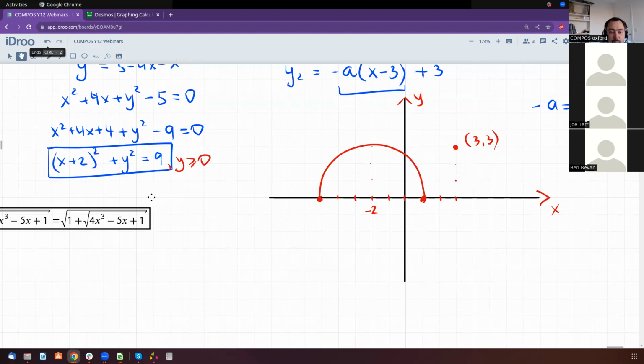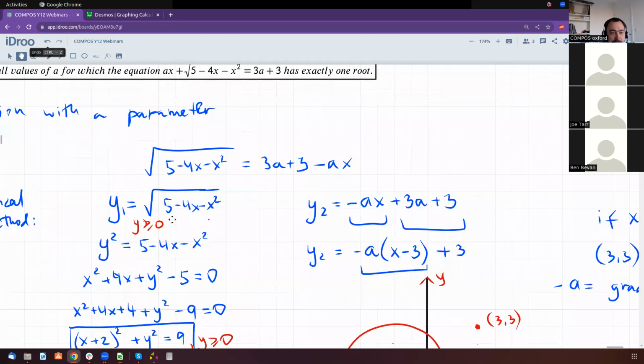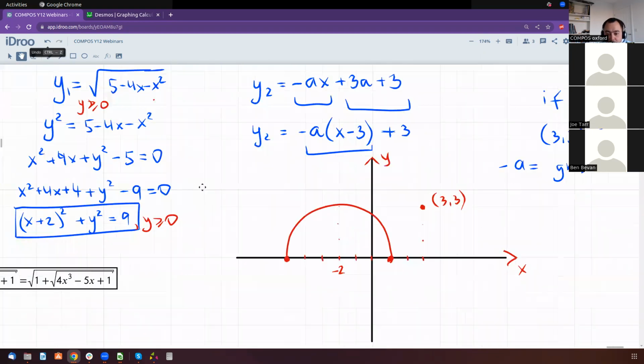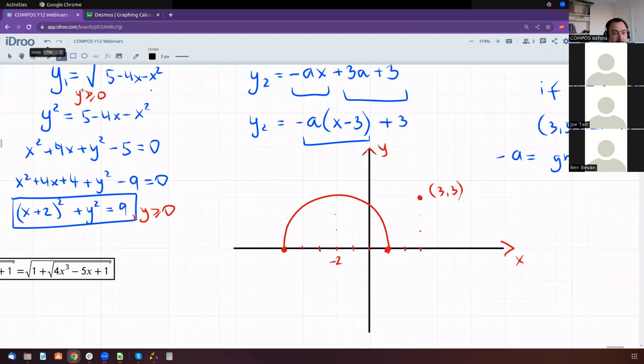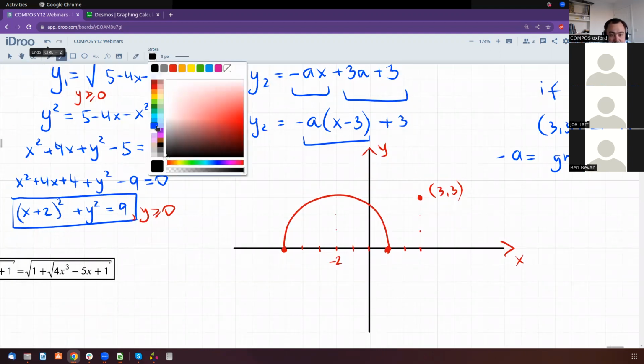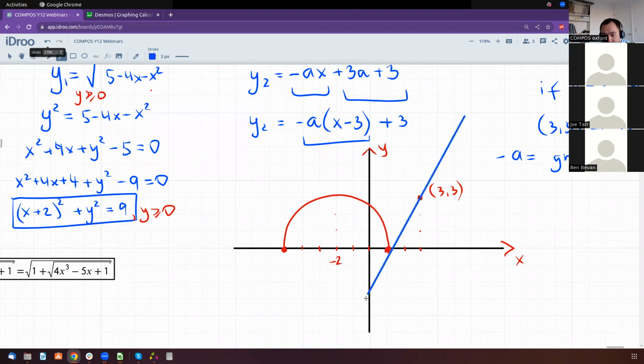And it says for which values of a the equation has exactly one root. And because the gradient can be anything, this is one case, and this is another case. In the first case, the gradient is 0, so a is 0. Yeah, it's a straight line, it's a tangent. And in the second case, you can see that the gradient is 3 over 2.